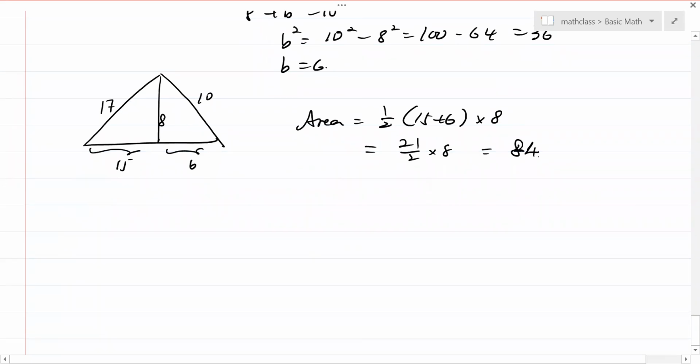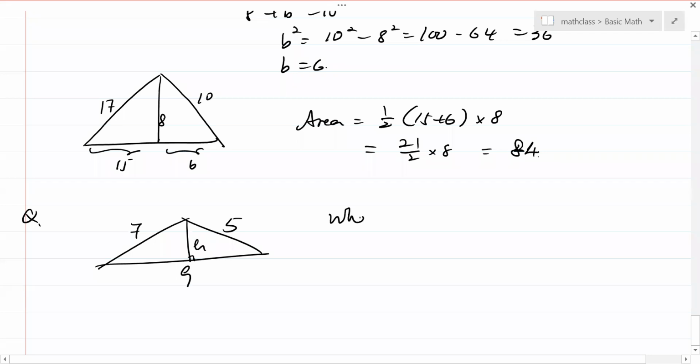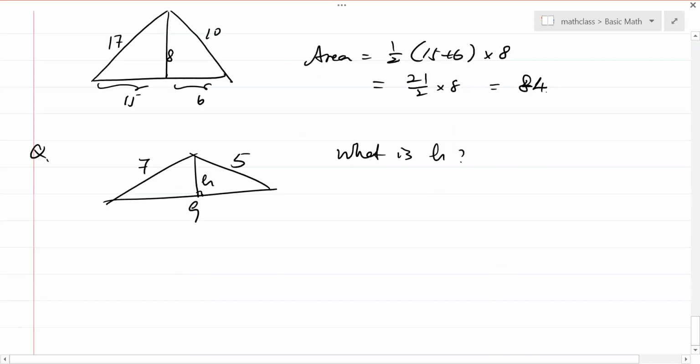I just randomly pick a triangle. Here's a 5, here's a 7, and here probably is 9. Can you tell me the height? What is h? Right, h is not going to be an integer.